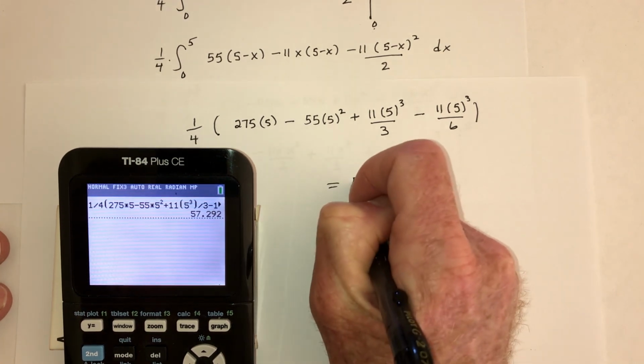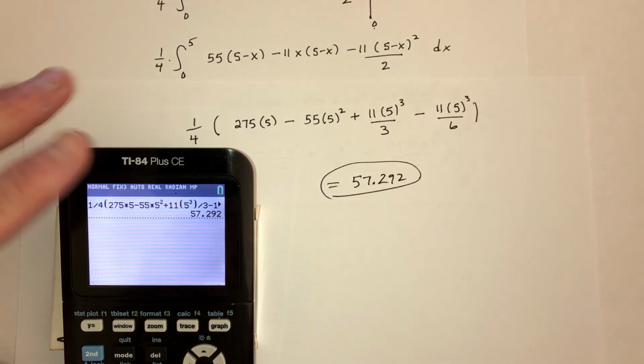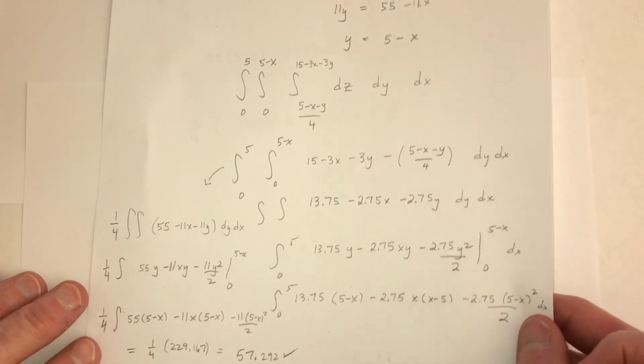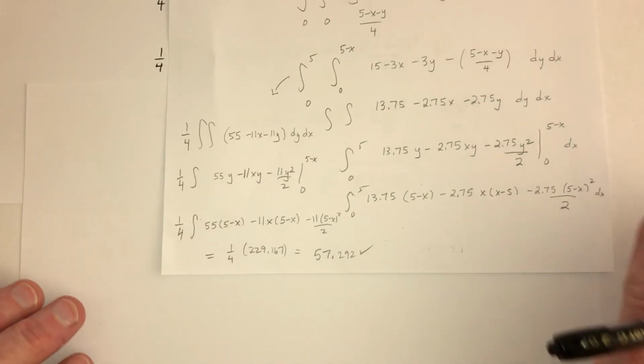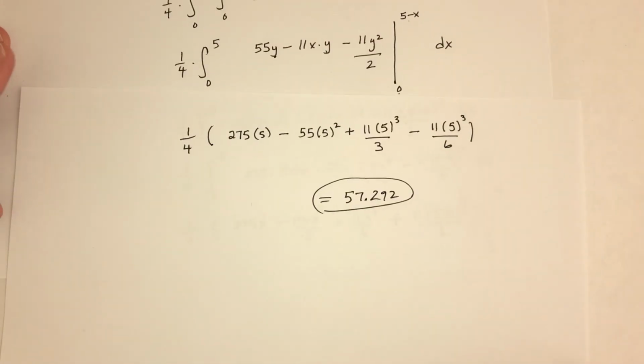And it equals 57.292. And then I just want to show you that to make sure I got that one right, I worked it out right before class, and I got the same thing. So that's finally it.